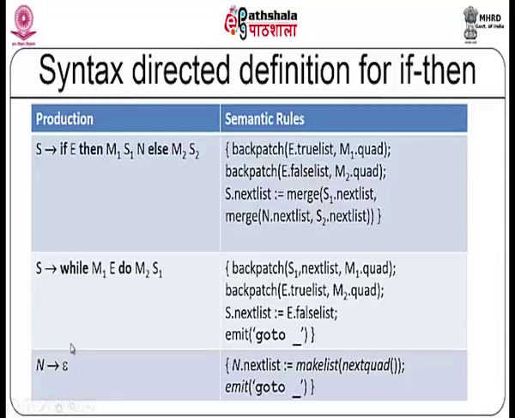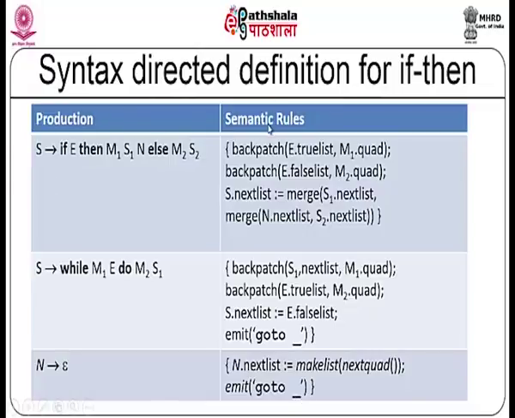If you look at the production corresponding to N, N produces epsilon, and N dot next list is equal to makelist of next quad. So, you simply create a next line number and you emit a go to. This go to will be what? This go to will be S's next. That is done here: this go to should be filled with S dot next.